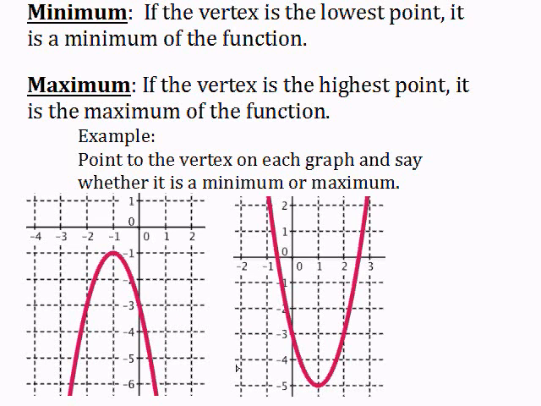So point to the vertex and tell whether it is a min or a max. Well, for the first graph, it is the highest point, so it is definitely a maximum. The vertex is a maximum, or the maximum value on the graph. And the other graph is definitely a minimum, since it is the lowest value on the graph.